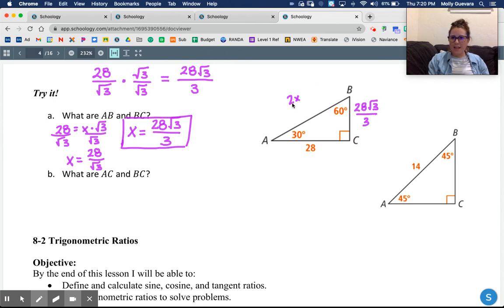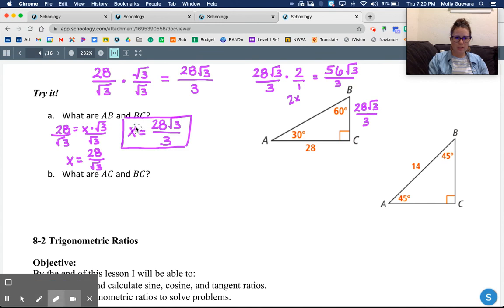Now x is this. AB is 2 times that. So if I take my 28 square root of 3 over 3 and I multiply it by 2, 28 times 2 is 56. We get 56 square root of 3 over 3. And that's fine too.